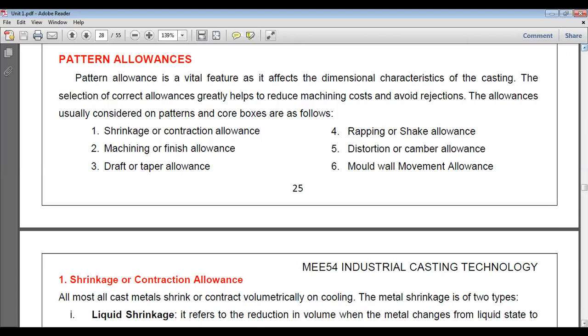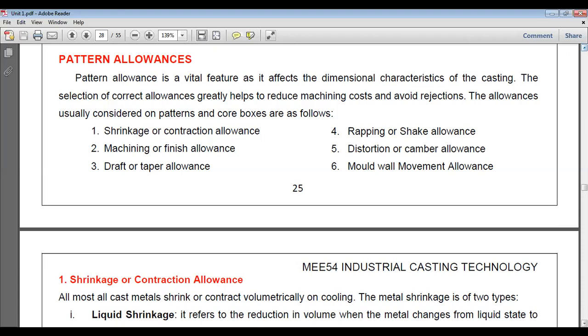Rather than making a 10 mm pattern, we make an 11 mm pattern, so that after shrinkage, after solidification, the metal is now 10 mm. So this is very convenient. First is shrinkage allowance, another is machining or finish allowance, because we know when the casting is done, the upper surface is very poor.